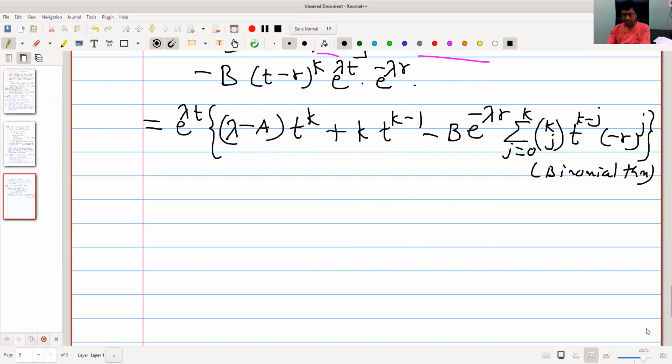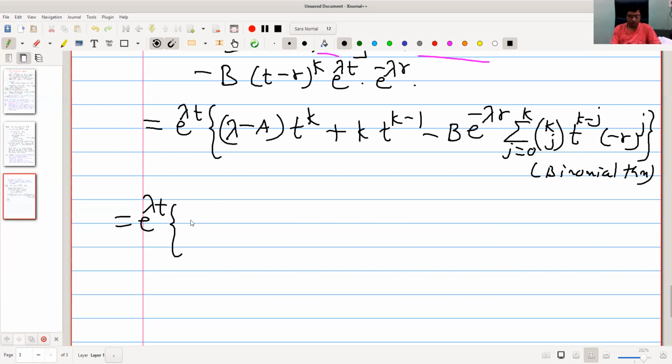We further simplify this. So this is equal to e raised to lambda t, which is common. In this summation there is one term: if we put z equal to 0, we get t raised to k into something. For z equal to 0, k choose 0 is 1, and minus r raised to 0 is 1. So the coefficient of t raised to k is minus b e raised to minus lambda r, which we can put here.